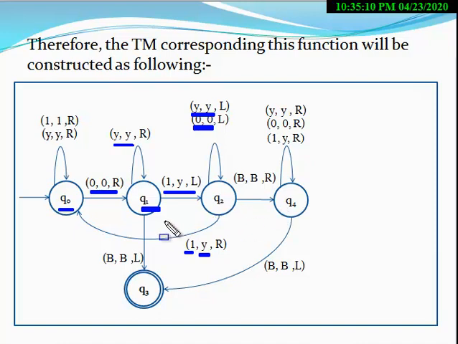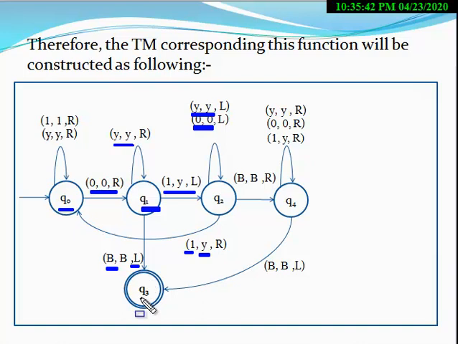Now, as soon as the blank symbol appears at the state q1, in the first case, the machine moves in the left direction and also goes to the final state q3, right?